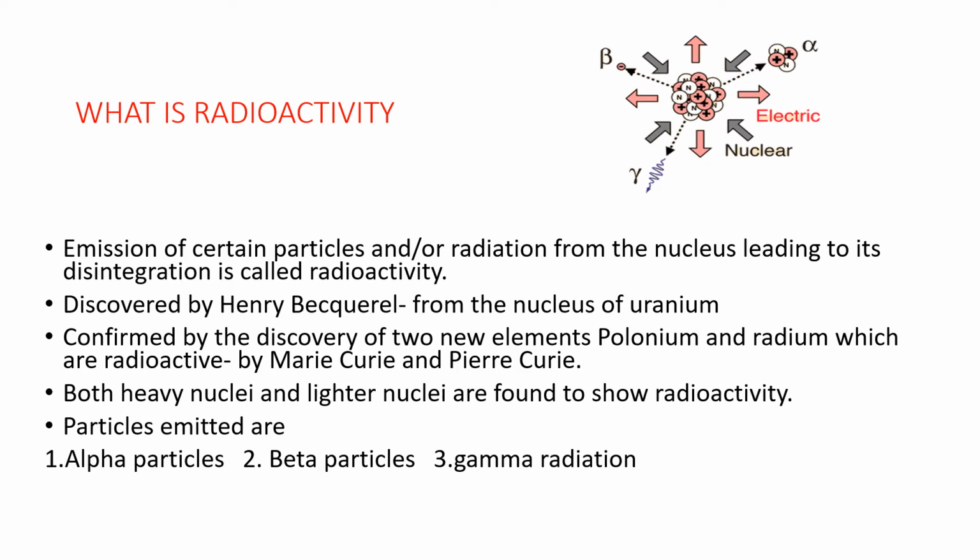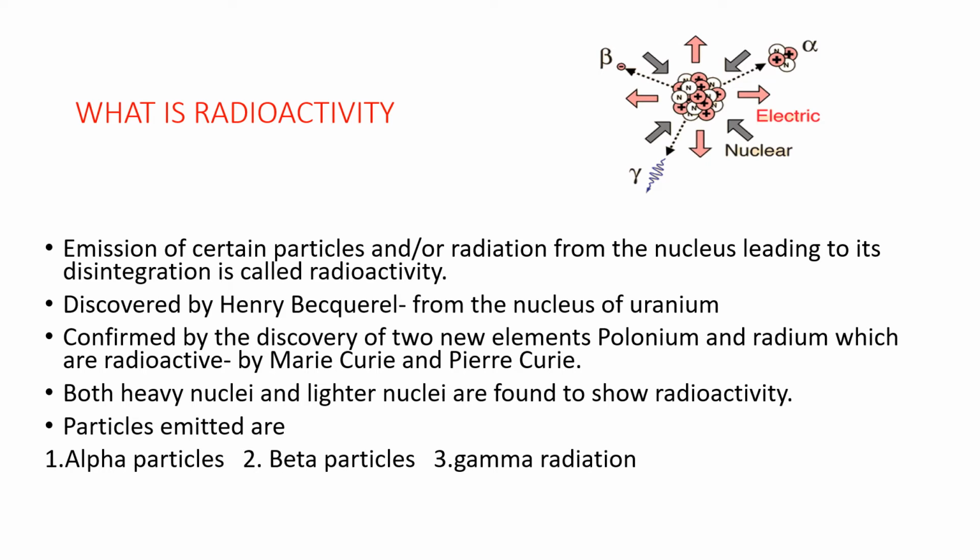It should be noted that radioactivity is not confined only to heavy nuclei but also to light nuclei. So some heavy nuclei of course show radioactivity, but even some light nuclei which do not occur in nature are seen to show radioactivity during nuclear reactions.